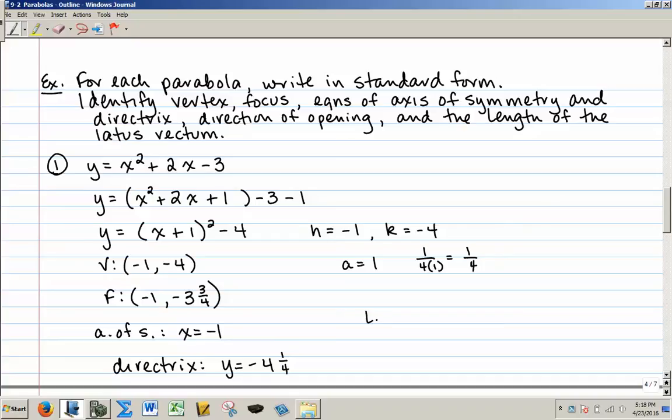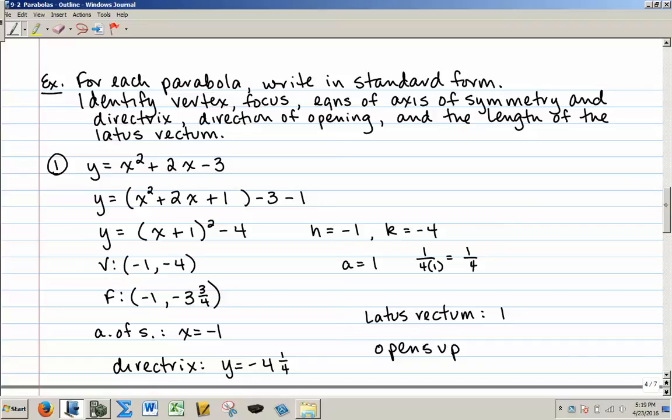My latus rectum, the length of that segment that goes through the focus to either side of the parabola, is the absolute value of 1 over a, and so that's going to be 1. And my parabola, since a is positive, opens up.